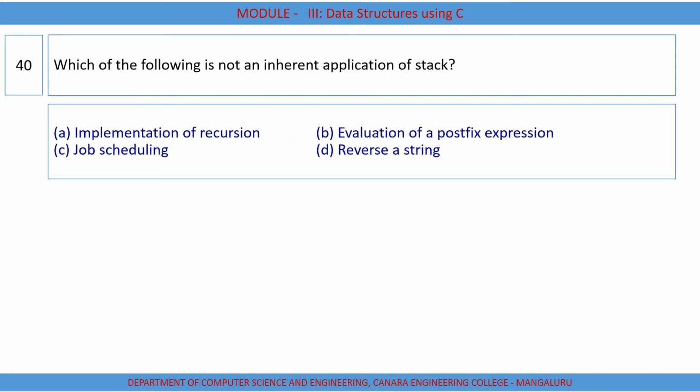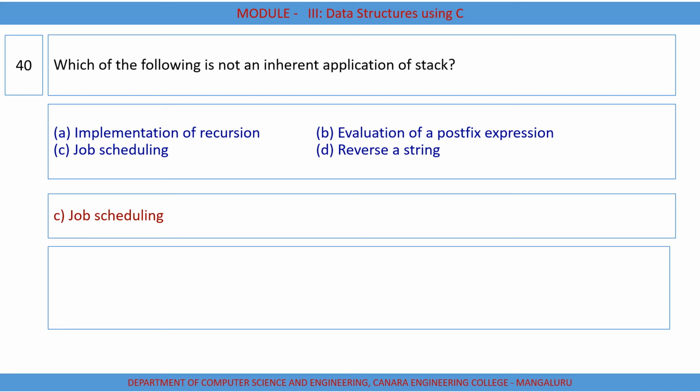Which of the following is not an inherent application of the stack? One is implementation of recursion, evaluation of postfix expression, job scheduling, and the fourth one is reverse string.